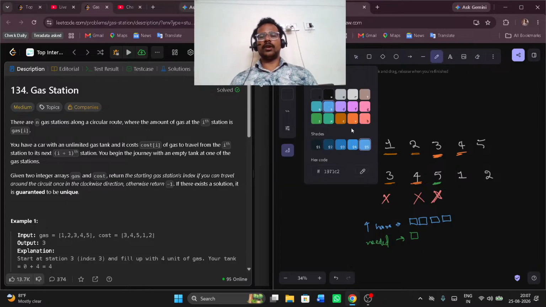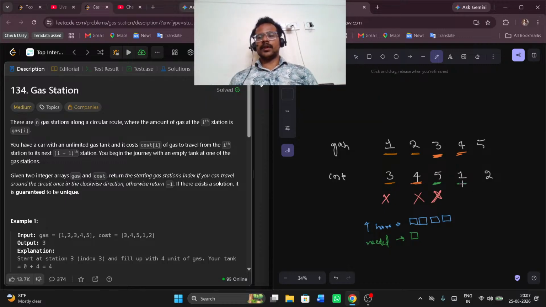So I'll just pass through it. Here 1 gas unit will be emptied.